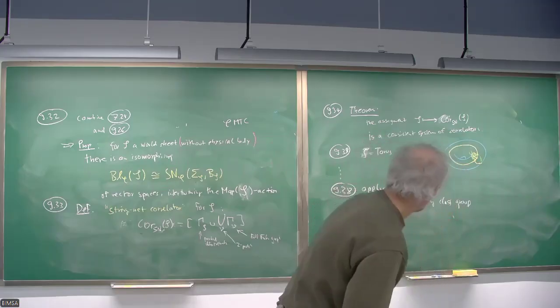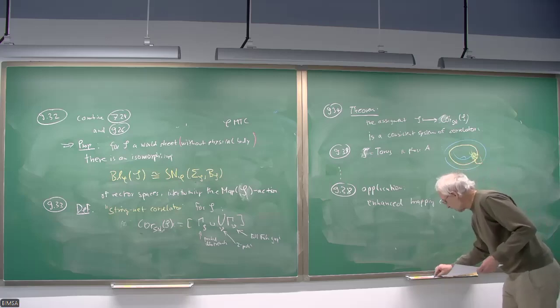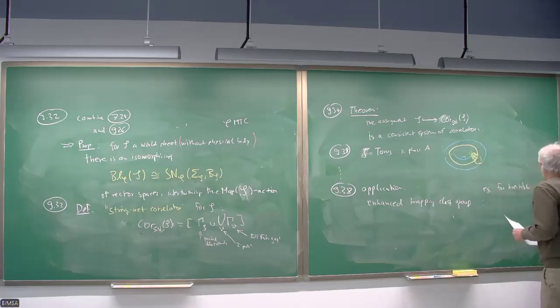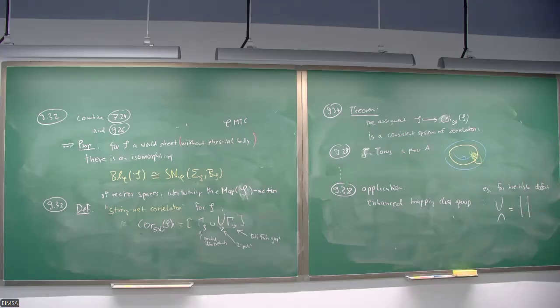But now it can happen that, for example, if you have an invertible defect, then remember we have an equality of morphisms of this form.